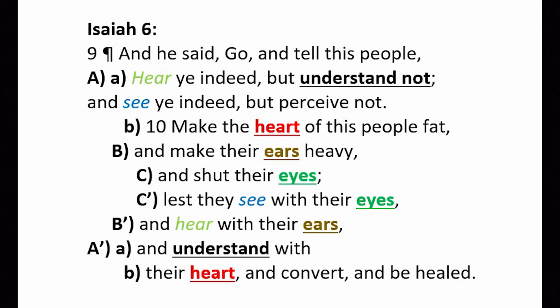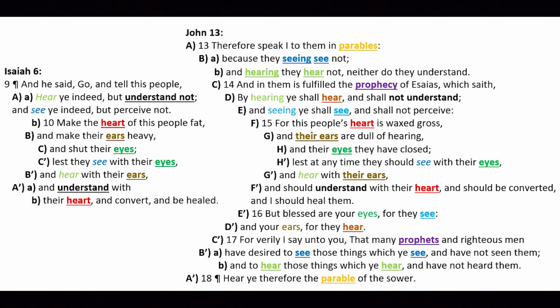So I want to contrast that with the same chiasmus in the book of John, chapter 12, verses 13 through 18. I'll put those up on the screen here. What's interesting is it uses the same scripture, but either Jesus Christ expands it or whoever wrote John expanded it so that the chiasmus is even bigger.